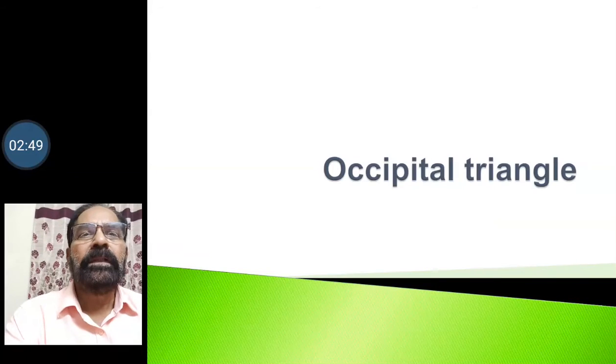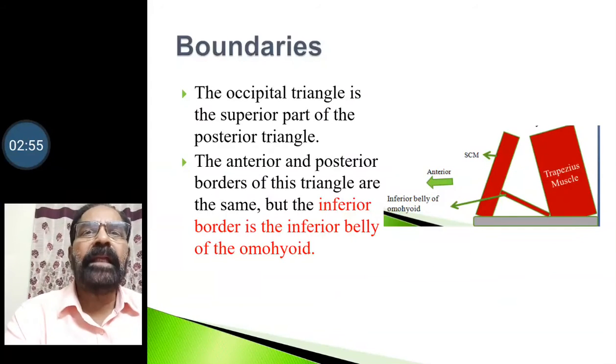Then we go to the upper division, that is the occipital triangle. And you can see the boundaries. The occipital triangle is in the superior part of the posterior triangle. The anterior and posterior boundaries of this triangle are the same, but the inferior border is the inferior belly of omohyoid.